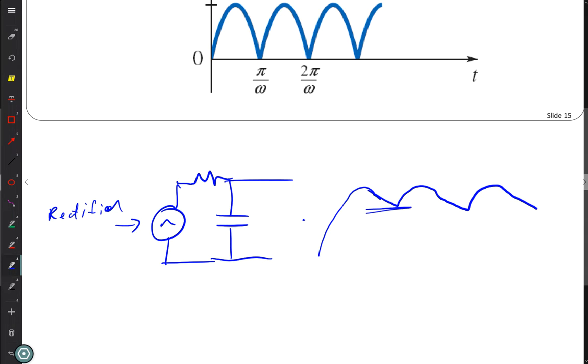How much it drops is a function of how big the resistor is and how big the capacitor is, because you have that RC time constant for discharge. And so a bigger capacitor and a bigger resistor will work to make it a better regulated power supply. Better regulated means less wiggle.